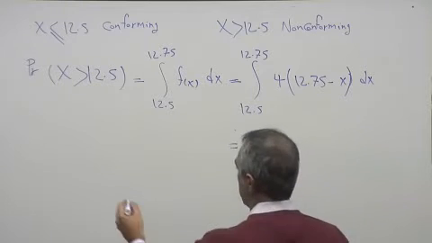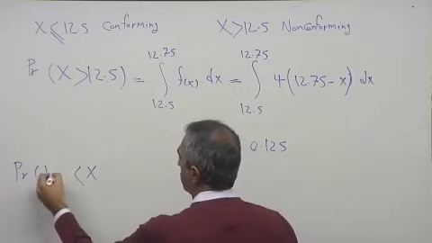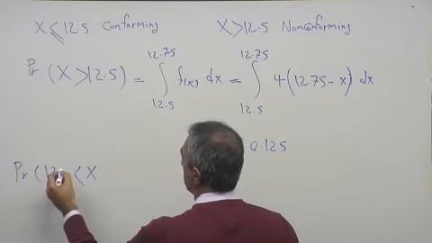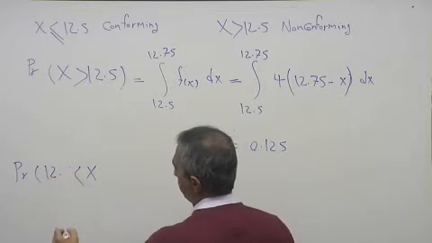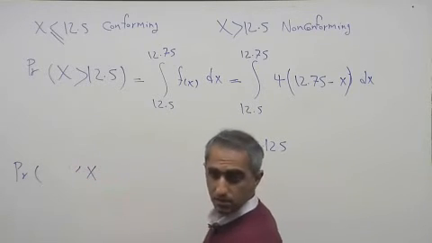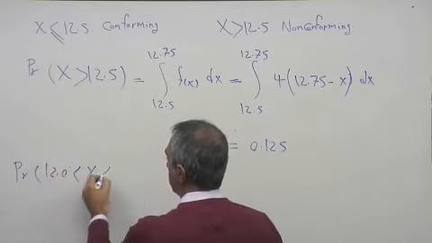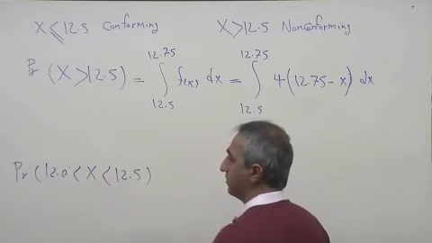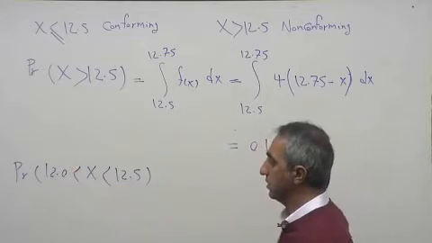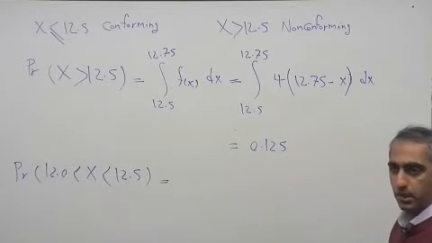So what if we want to calculate this probability, let's say from 12 to 12.5?